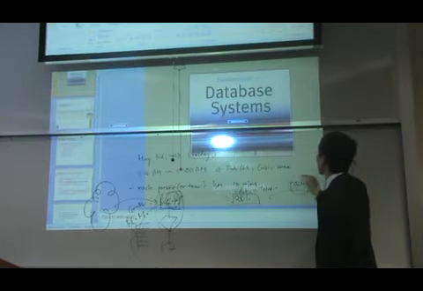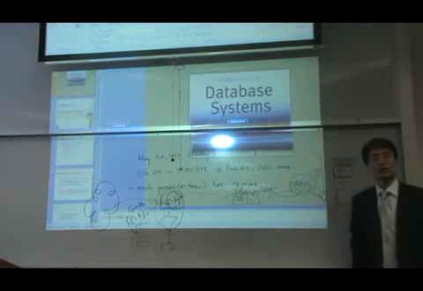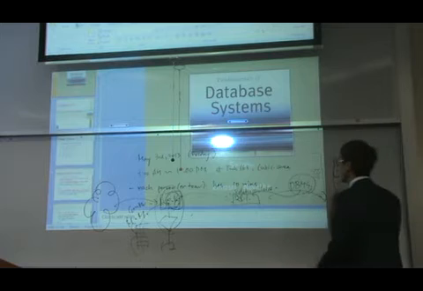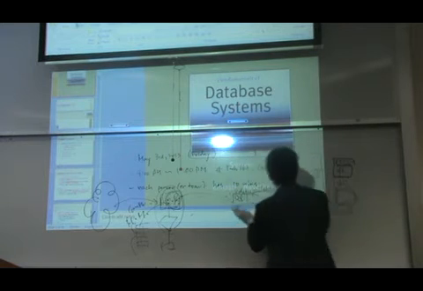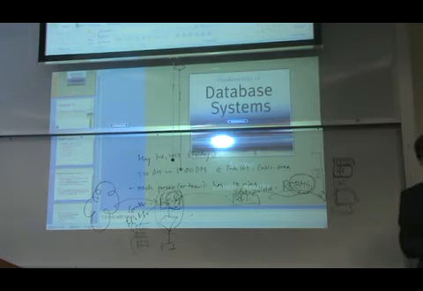DBMS software. This is the software which is based on the relational model. Then finally, we can manage the data based on the relational model using DBMS, especially relational database management system software.